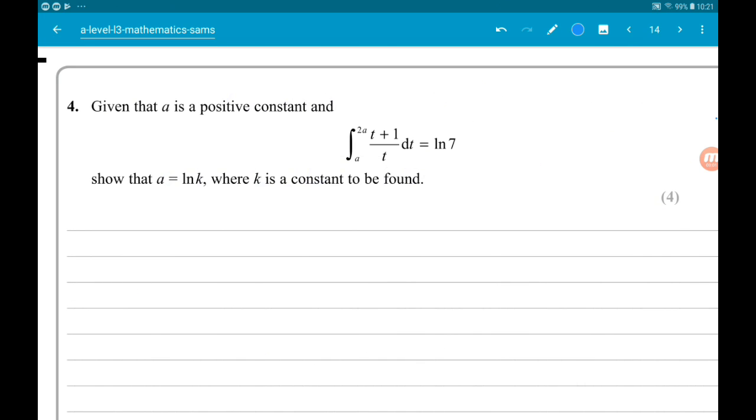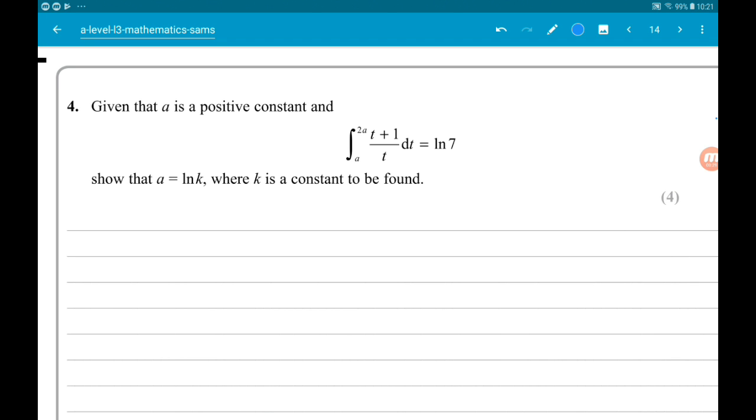Okay, number 4. Given that a is a positive constant and the integral between a and 2a of t add 1 over t with respect to t equals log 7, we want to show that a equals log k, where k is a constant to be found.